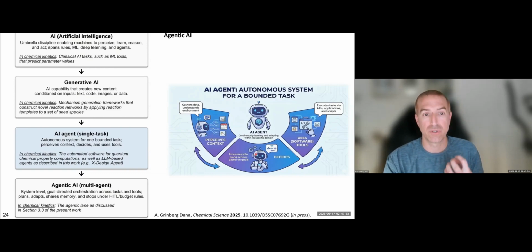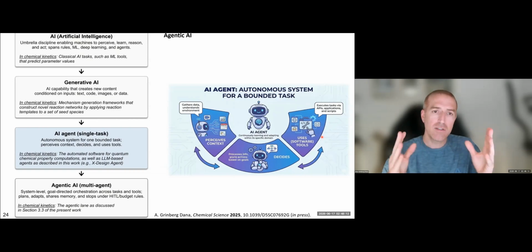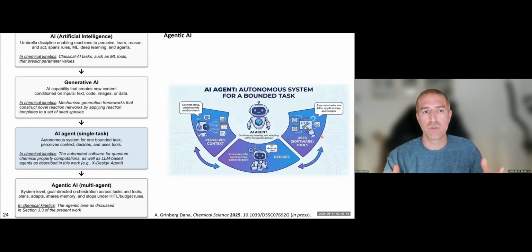It has rationale in it, based usually on an LLM, but it's also capable of actually performing an action. That action could be in the real world, like an autonomous car, and it could also be a software action that really matters in our workflow. So that's the definition of an agent: an autonomous system for one bounded task, with perception, decision, and action.